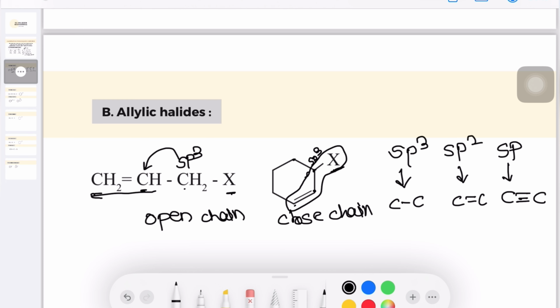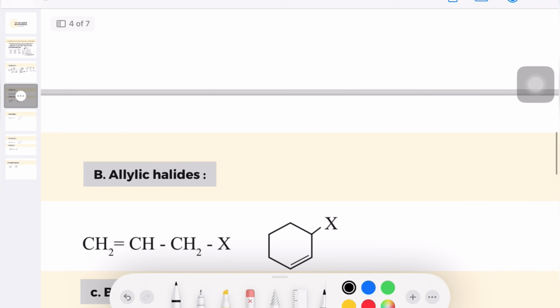So this type of system is known as allylic halide. And if this halogen is replaced by chlorine, bromine or iodine, then it is known as allylic chloride, allylic bromide or allylic iodide.